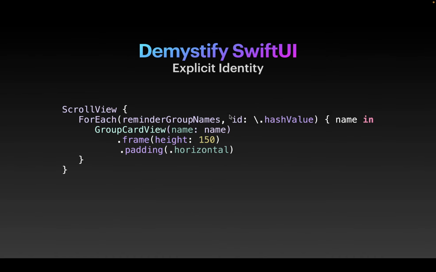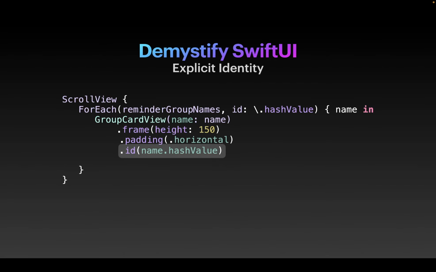It's identical to doing something like this. We have another view modifier named id, and you can manually assign an ID to a view. So when you do a ForEach with the Identifiable protocol, or by providing a key path to the id, you're essentially just doing something like that: explicitly assigning an ID to each child view.